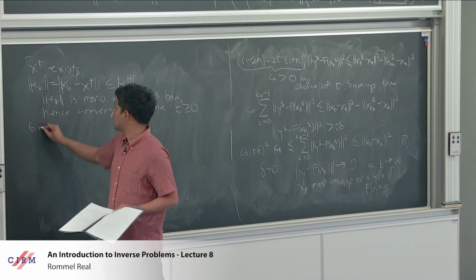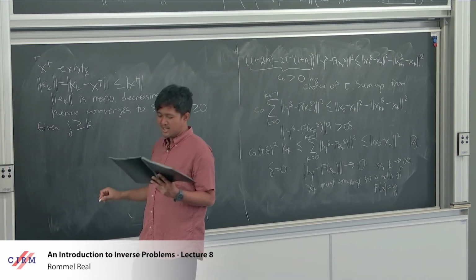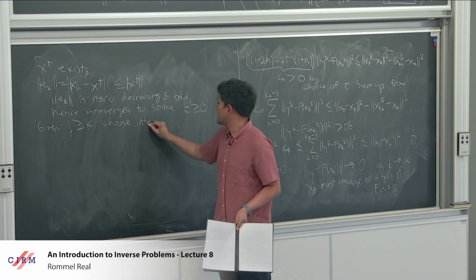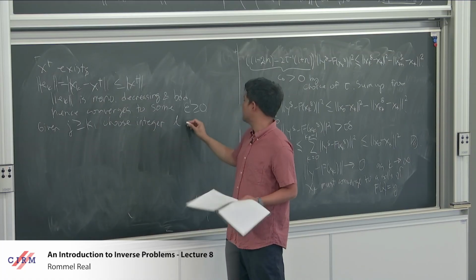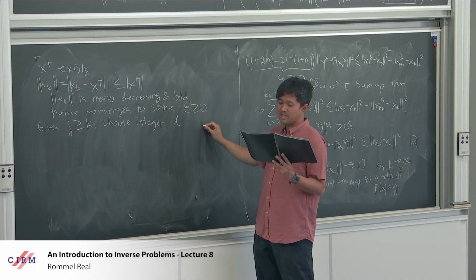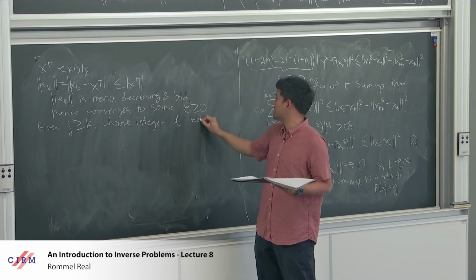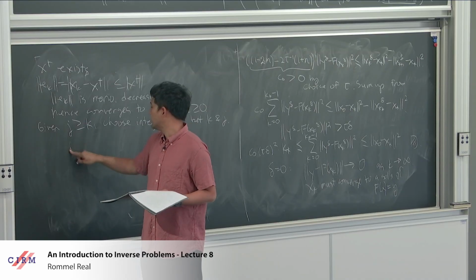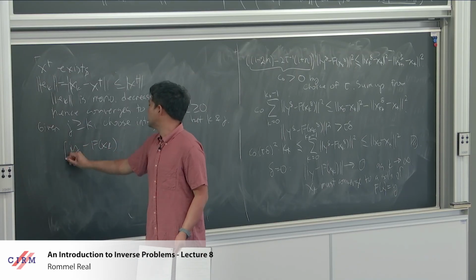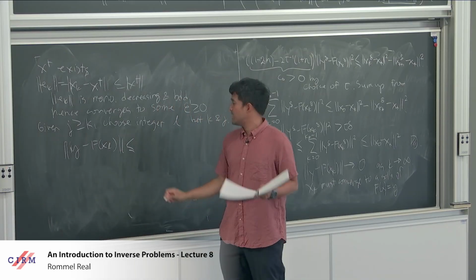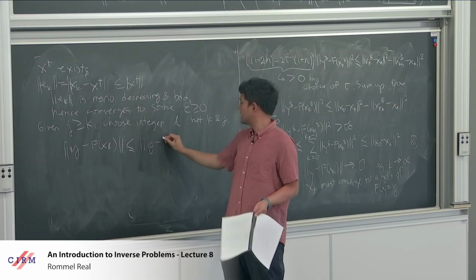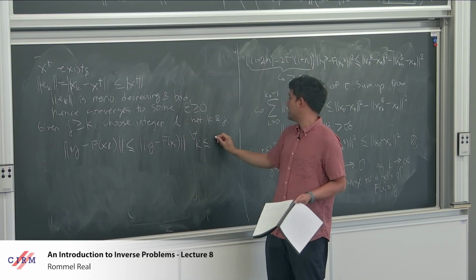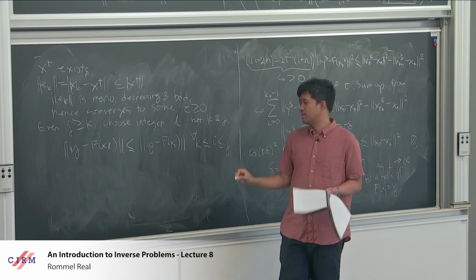Given iteration j greater than or equal to k, let's choose an integer L between k and j such that the residual in that iteration is less than or equal to the residual at the iterations between k and j.